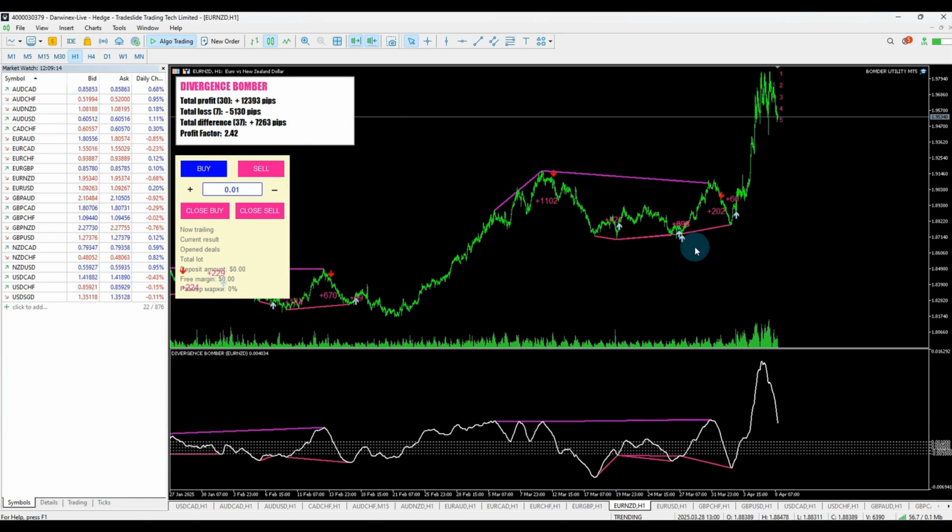I really like this system because, as you can see, it's certainly not a magic grail, but almost all trades give us profit. And the most important thing I like is that I don't have to work manually with each trade. The utility independently performs all these trading operations. My job is only to receive the signal and press the buy or sell button according to the direction of these trades.